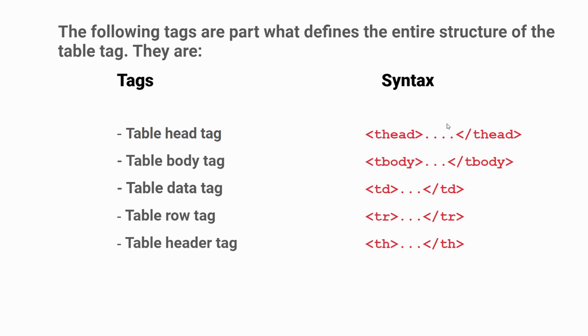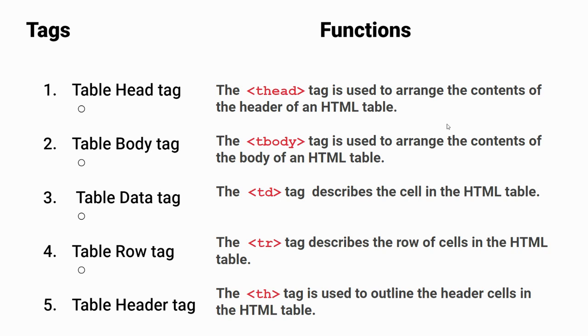So these are the tags that form the entire structure of the table tag put together. Now, the next section is the functions of the tags. Though I've explained some of them, I feel there is still a need to go deeper into it. So we have again the table head tag, which is connoted with THEAD and is a multi-tag.